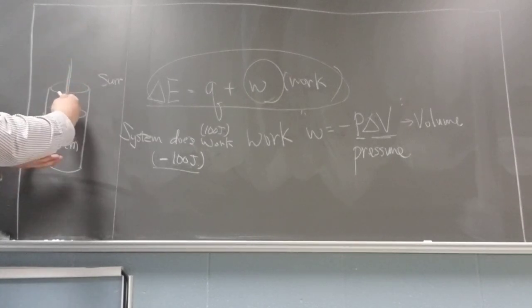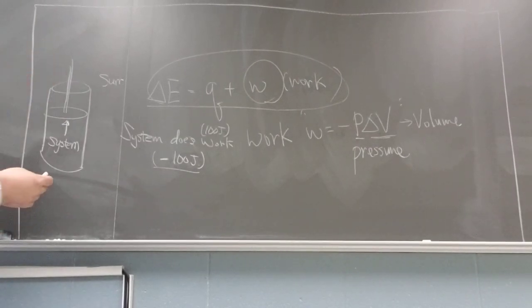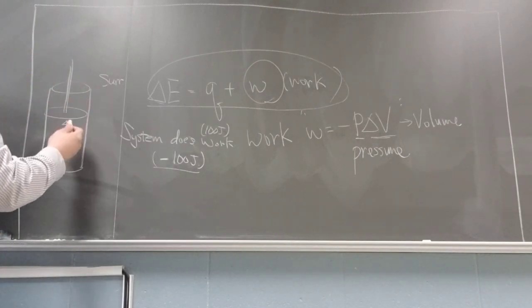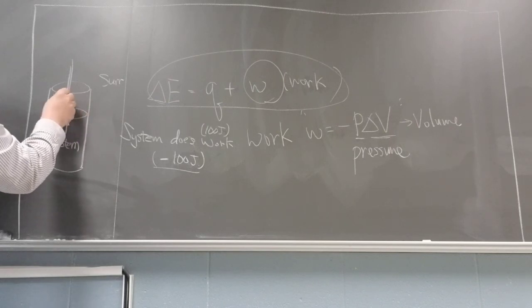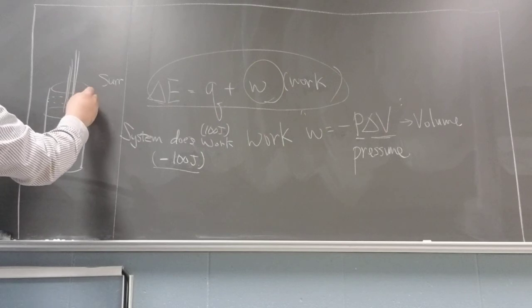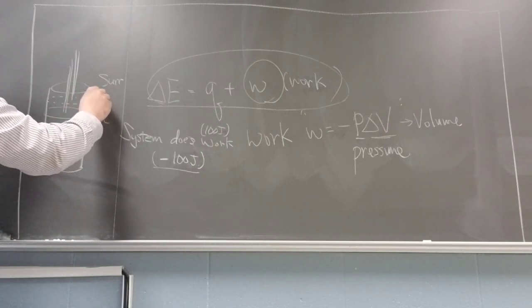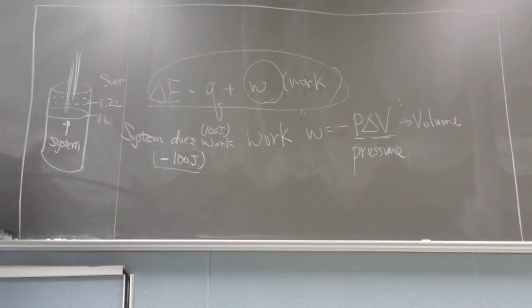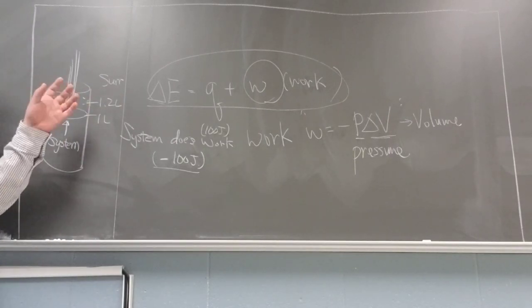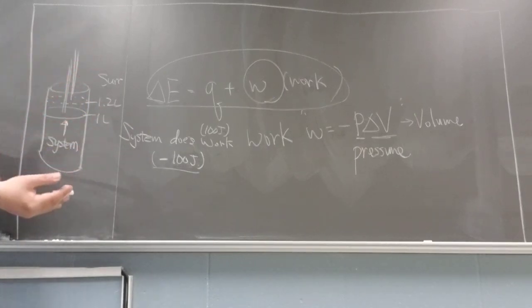So we'll have expansion, right? Because when the system does the work, the volume increases. Maybe it moves to a higher position here. So maybe this is 1 liter, this is 1.2 liters, for example. It pushed the plunger in the cylinder, so your final volume has increased from the initial one.